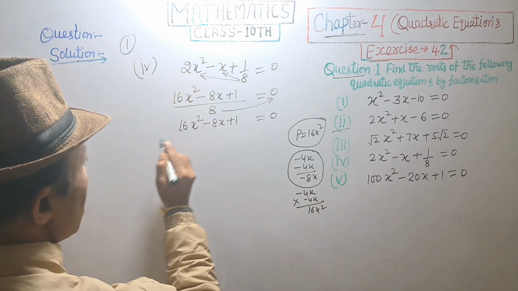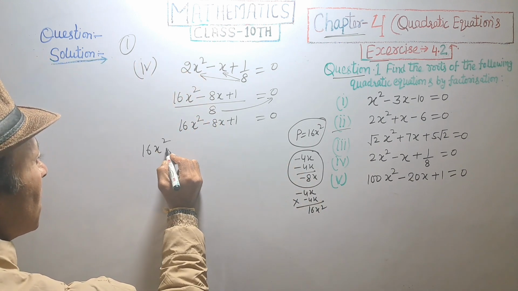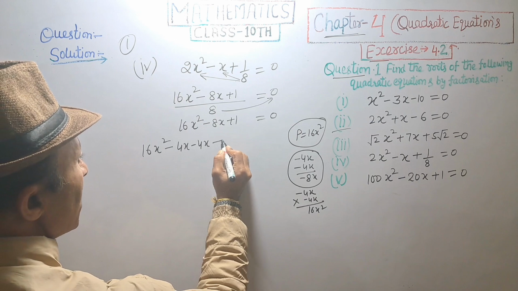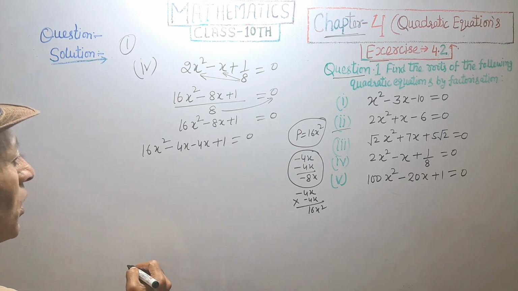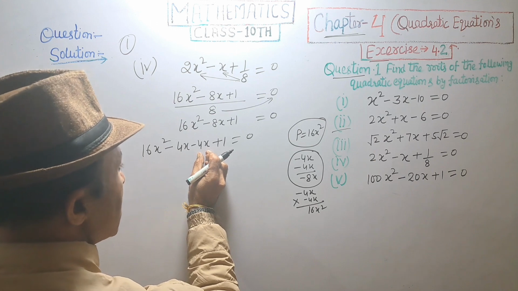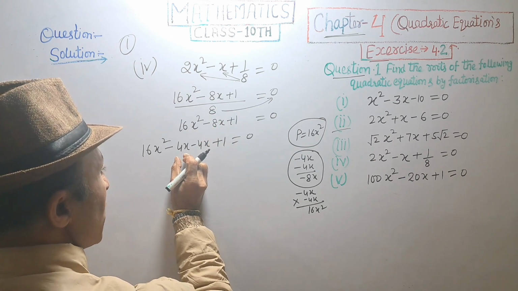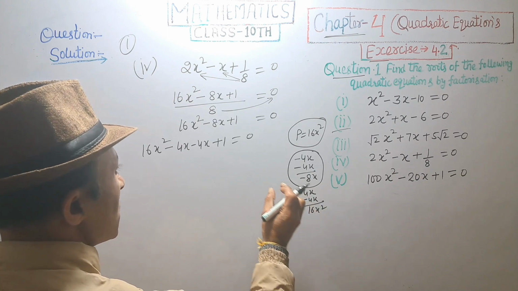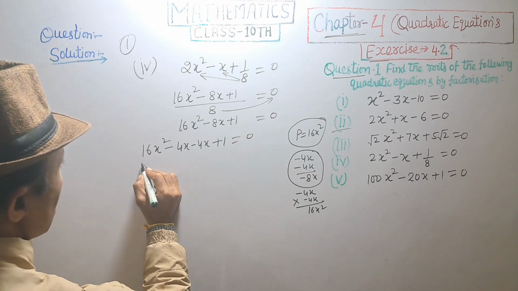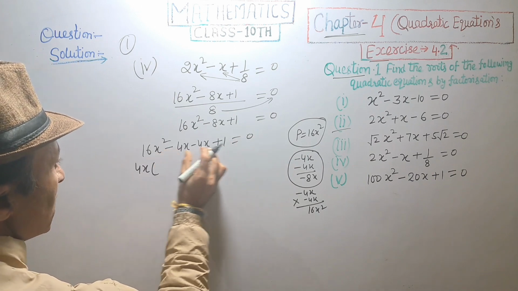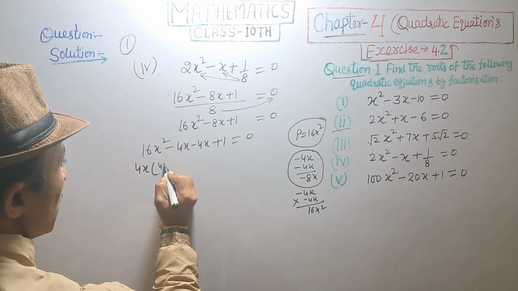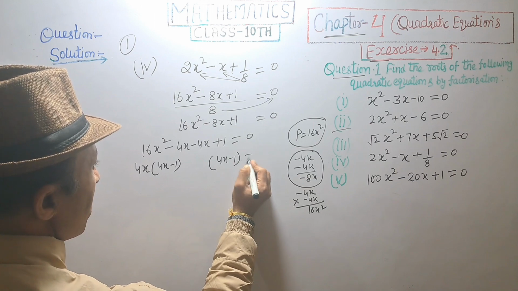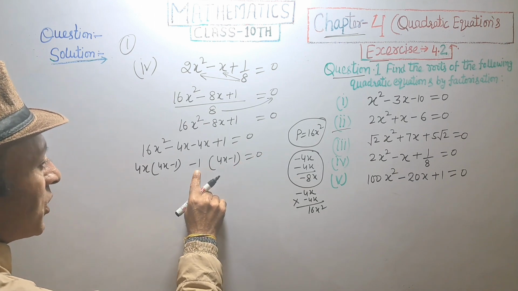Split the middle term, 16x² minus 8x can be written as minus 4x and minus 4x plus 1 is equal to 0, because minus 4x minus 4x is minus 8x, and the product is 16x². 4x is taken common: 4x minus 1 in the bracket and 4x minus 1 in the bracket, and minus 1 is common.